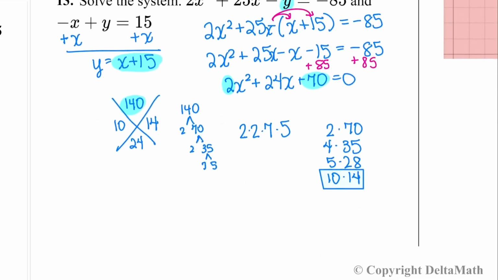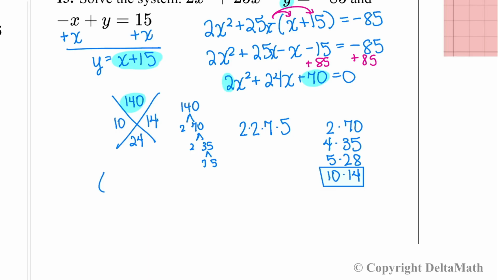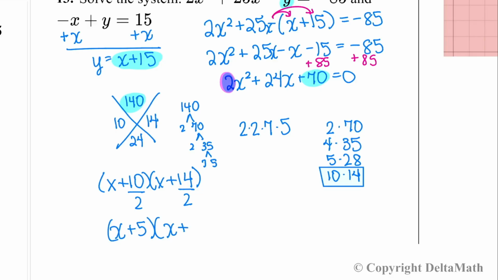So I like to use the bottoms up method where we're going to write these factors in our parentheses here. And then we look at our leading term here. Since we have a 2, we have to divide both of these terms by 2. So our answer is going to be x plus 5 and x plus 7.